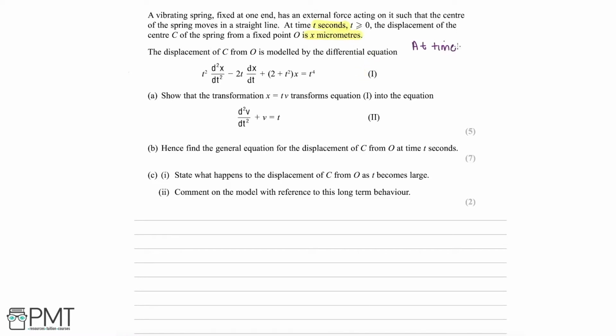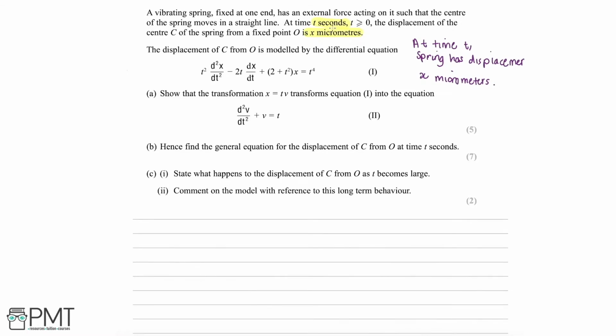In other words, at time t, the spring has a displacement of x micrometers. The displacement of C from O is modeled by the differential equation t squared multiplied by the second derivative of x with respect to t minus 2t multiplied by the first derivative of x with respect to t plus 2 plus t squared multiplied by x is equal to 4.